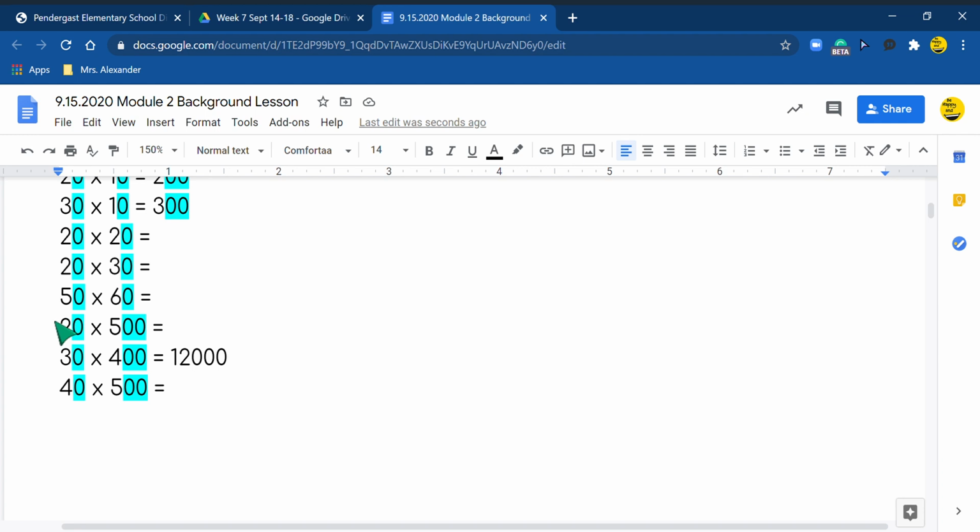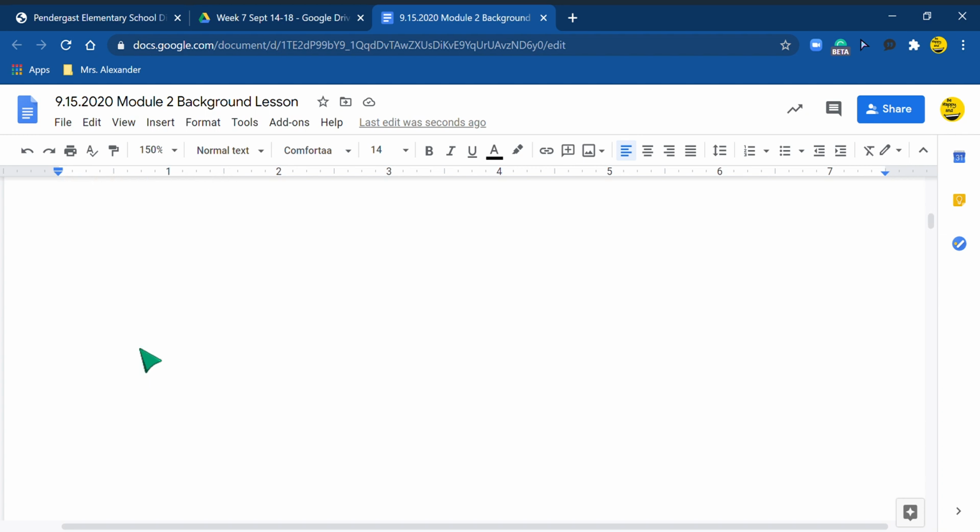It's 20 times 500. So the first thing we look at is 2 times 5. 2 times 5 is 10. Now I add my zeros. 1, 2, 3. So it's just multiplying the numbers and then adding the zeros.